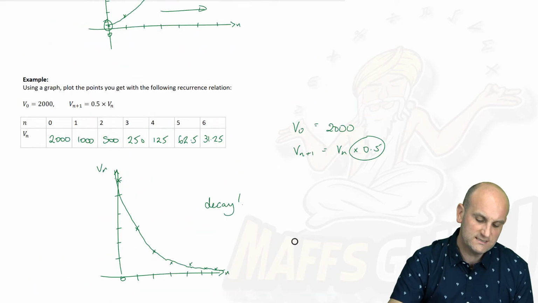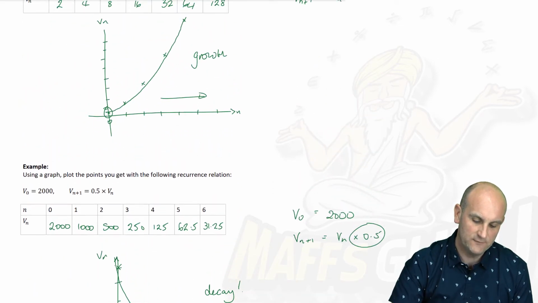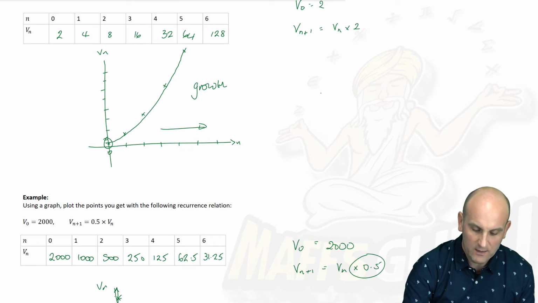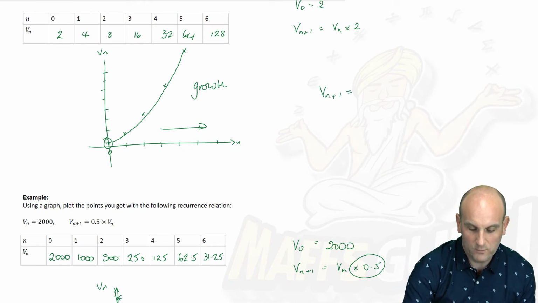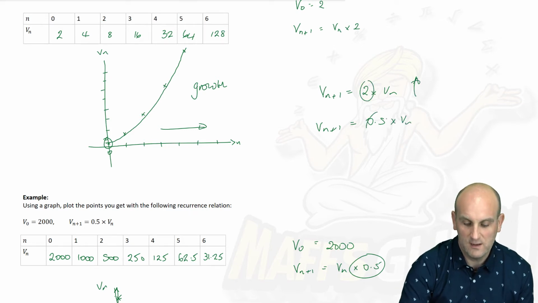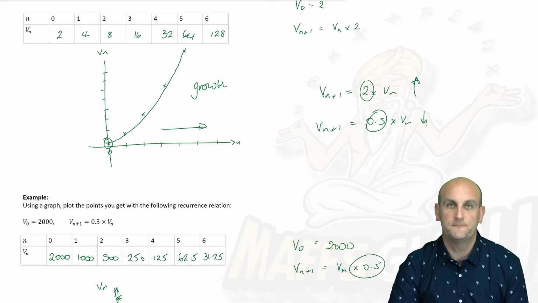So the question is then, what made the difference in the formulas? Hopefully that's still on the screen, but here we had V of N plus 1 equal to 2 times V of N, and the one below it we had V of N plus 1 equal to 0.5 times V of N. This value here made it grow, this value here made it shrink.